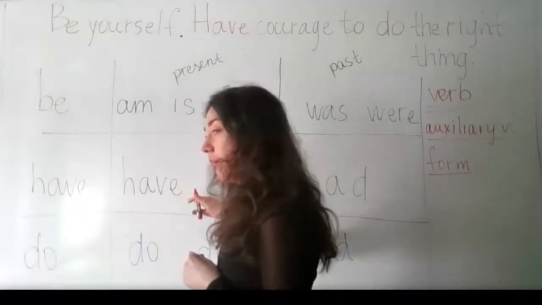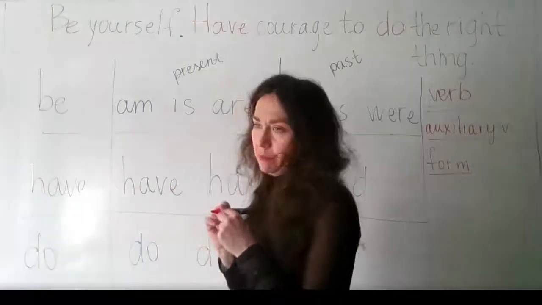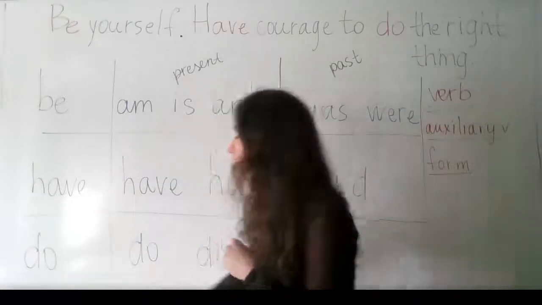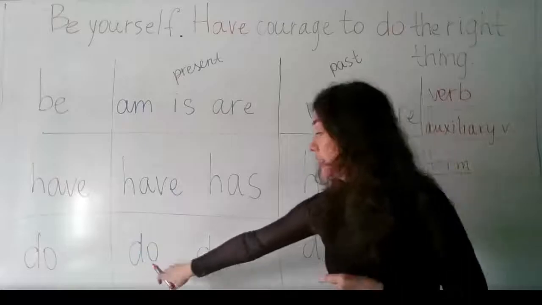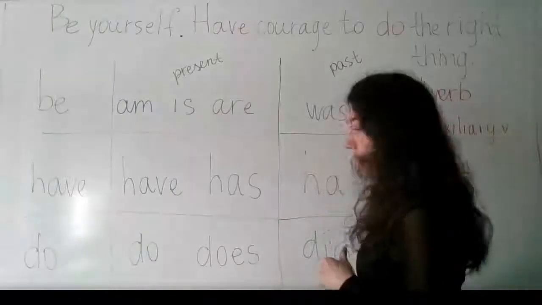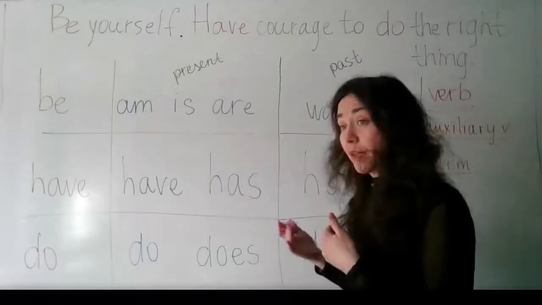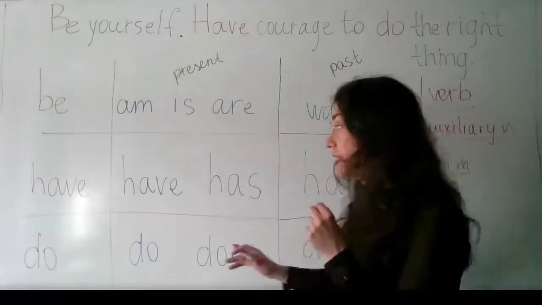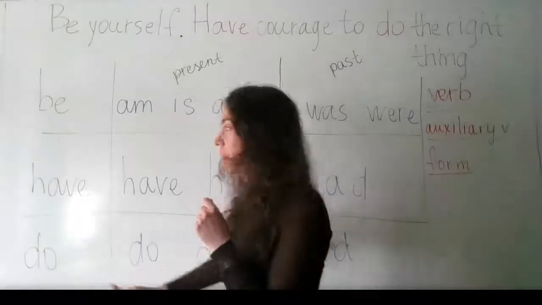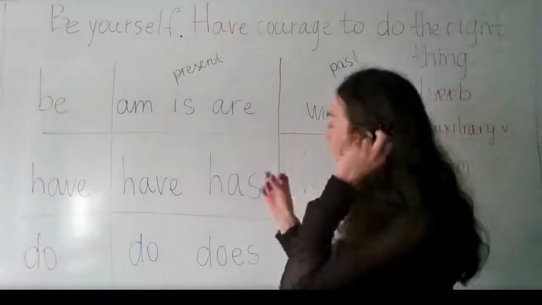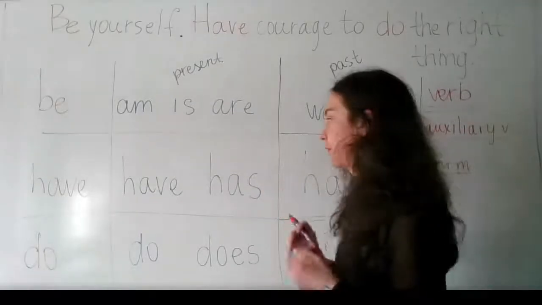It has the same meaning, but we change it a little bit. For example, let's say another word, the verb do. You see forms do, does, did. We can say doing, done, some other forms. But everything means the same, to do. So forms, words which mean the same, but are changed a little bit.